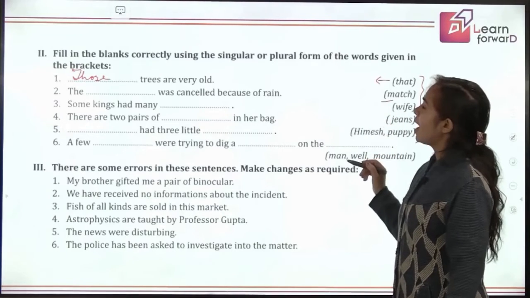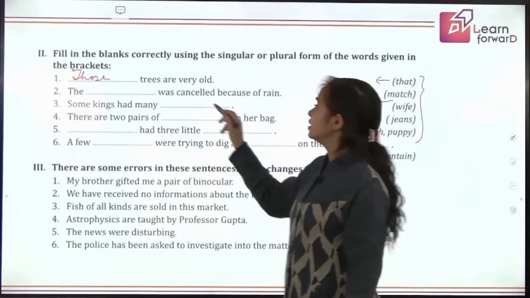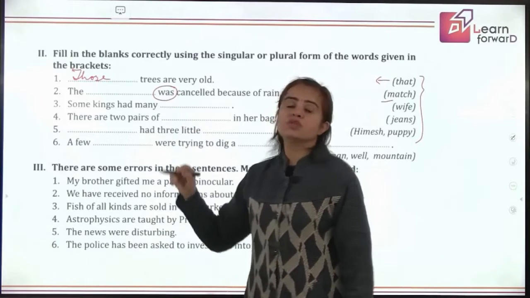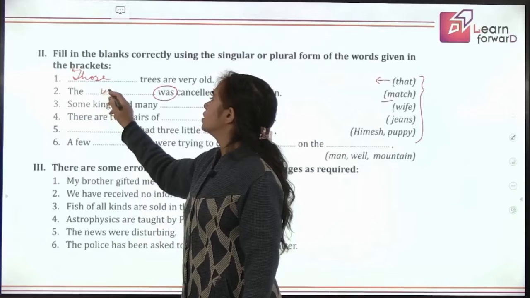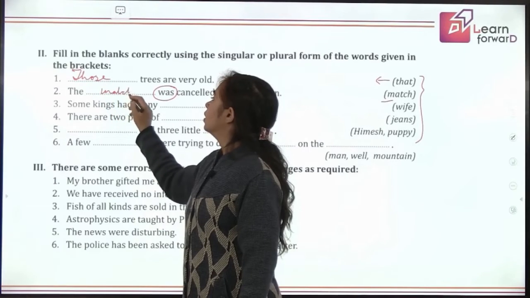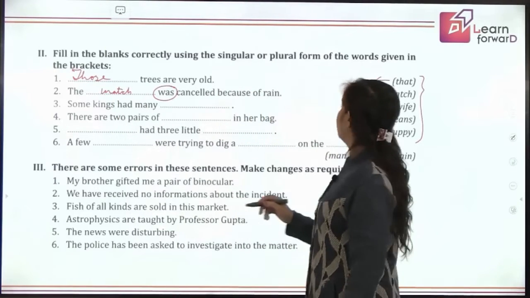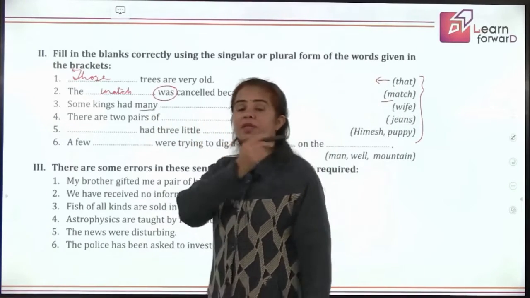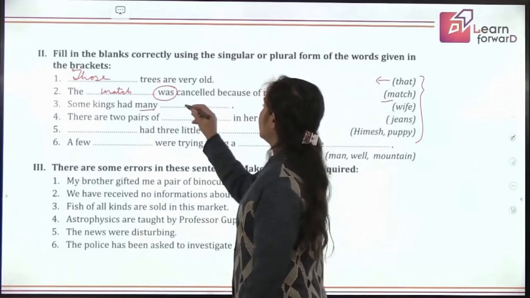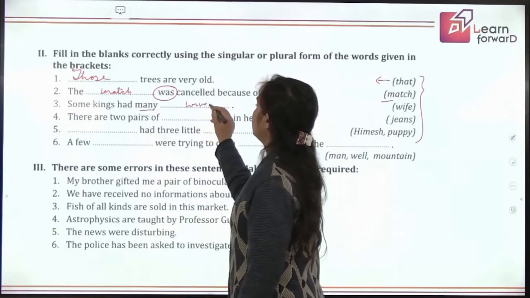The match was cancelled, because was is used for singular, so it will come as it is. Some kings had many. Now many means plural. So what will be the plural of wife? Yes, it will be wives.